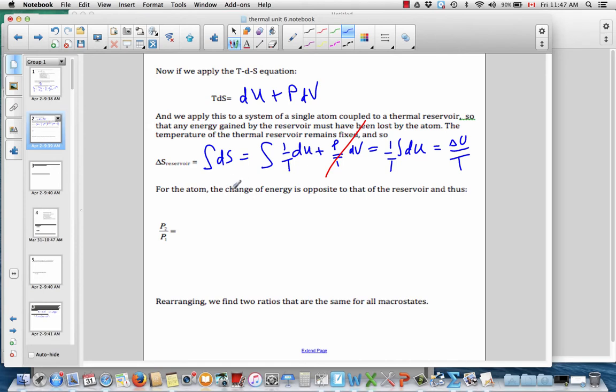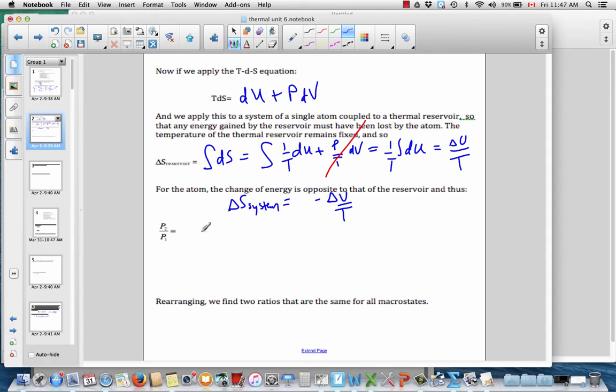But for our system then, its change in internal energy will be opposite to that. So delta S for our system will be minus delta U over T, simply because energy that flowed into the reservoir came out of the system and vice versa.